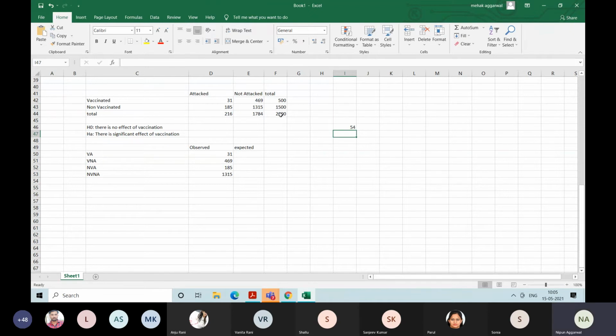That comes out to be 54. So 54 is my expected frequency for the first case.